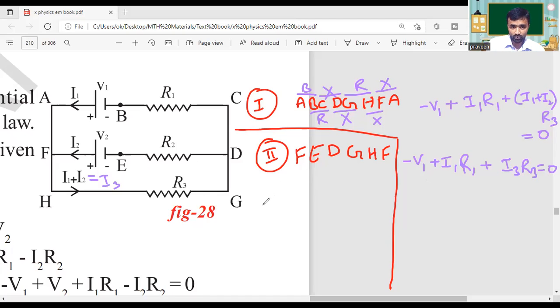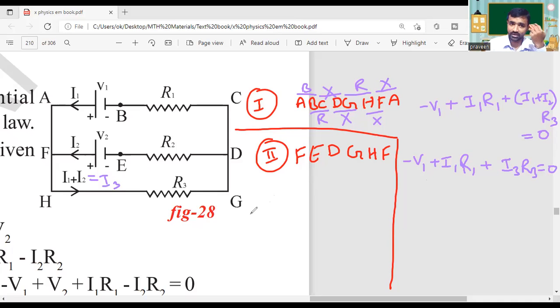Loop number 2. So what is loop number 2? Here you are getting three currents, so a minimum of 3 loops you need to take. Actually, this current direction is taken wrong, so it is not possible.